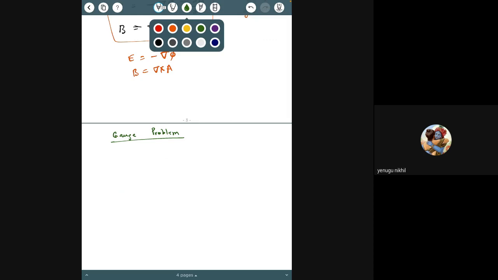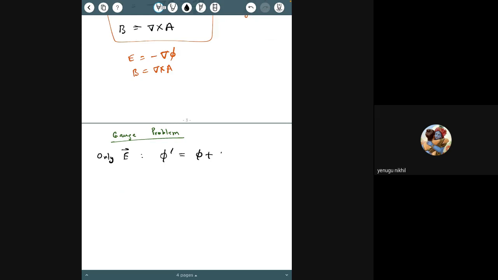So there is some freedom in the choice of phi and A, which give the same electric and magnetic fields. Okay. So now if it was only electric field, then it is obvious that if I do phi prime equal to phi plus some constant, any constant, it will still give me the same electric field. Okay.